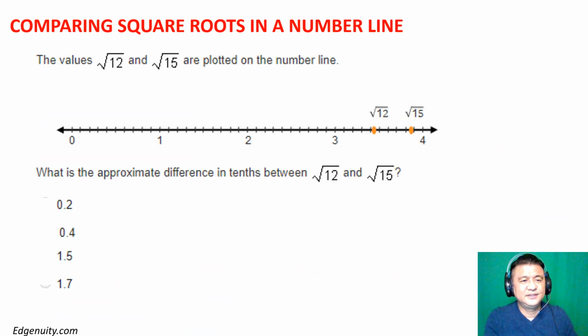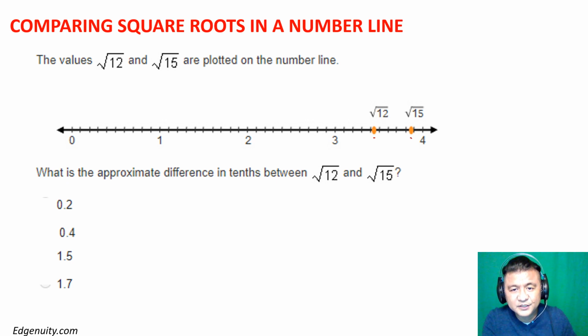Okay, so let's try this. The values of square root of 12 and square root of 15 are already plotted on the line. So the square root of 12 is already there. That's the answer. The square root of 15 is over there. That's the answer. Okay. What is the approximate difference in tenths between the two? So when you talk about difference, you want to know how far away this point is to that point. So let's count it.